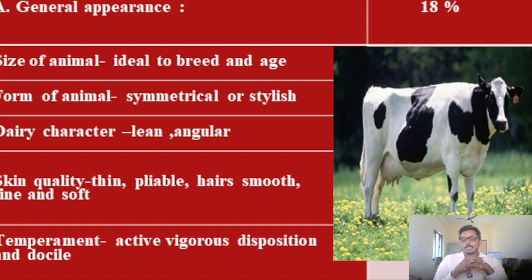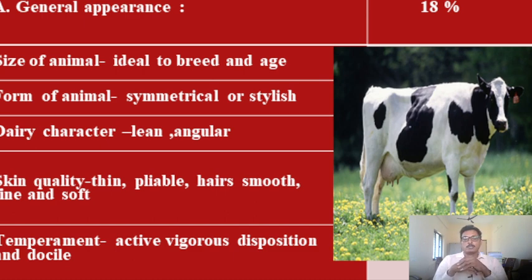And after that, we have to see the skin quality, how the skin is appearing. It should be thin and palpable, and the hair very smooth and fine. Whenever we touch it, we should feel that it is soft. And in the general appearance, we also have to see the temperament.